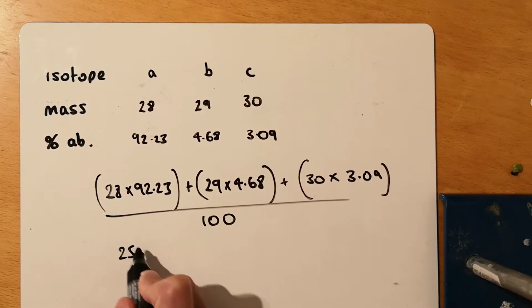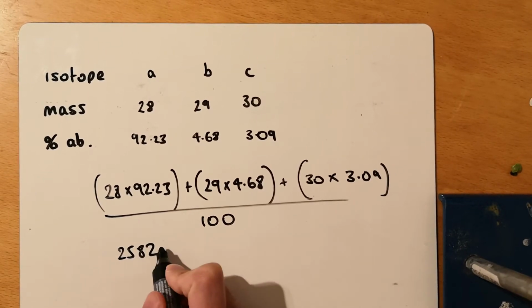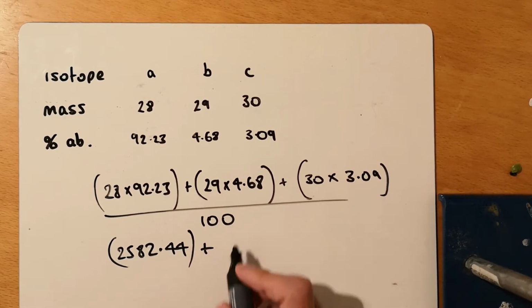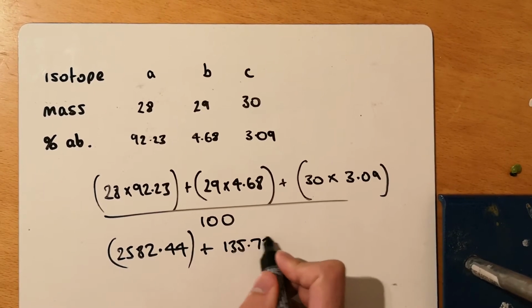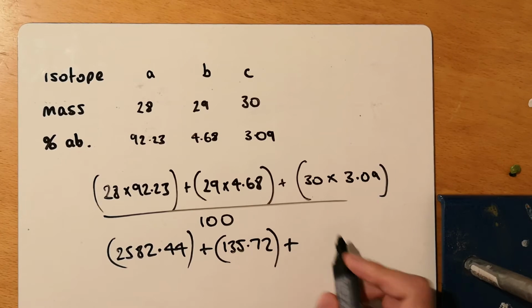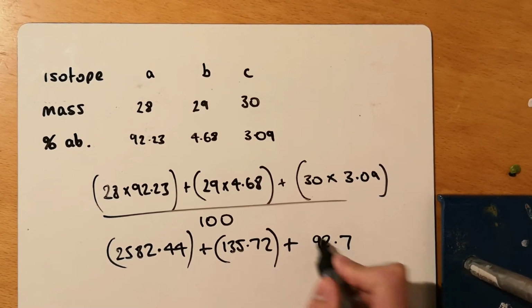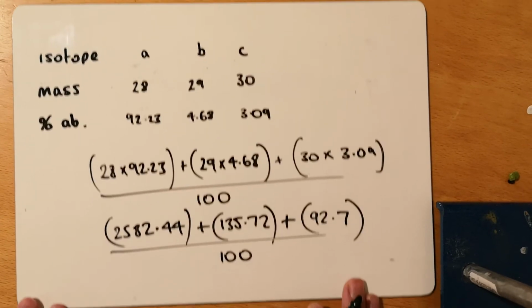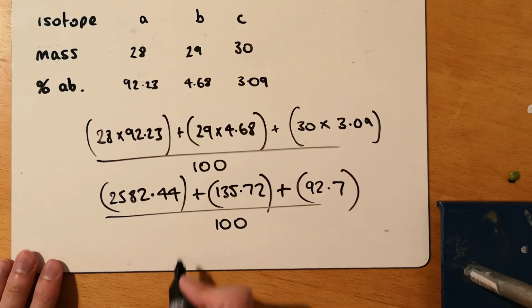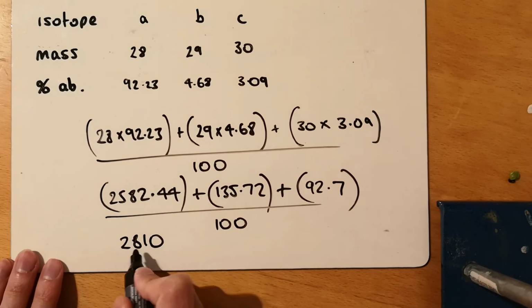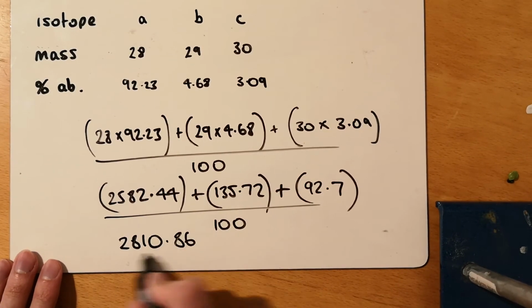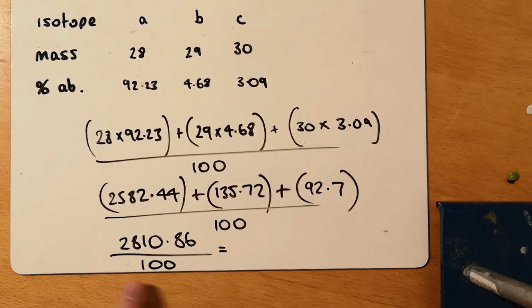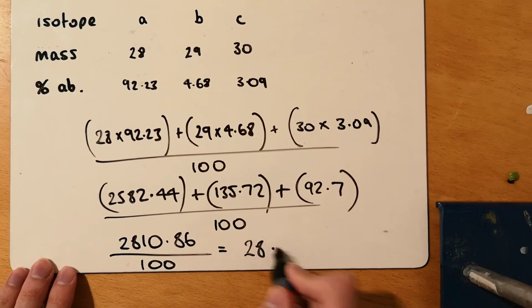So that will be 2,582.44 plus 135.72 plus 92.7 over 100, or 2,810.86 over 100, once we've added all of these in, to give us an isotope mass.